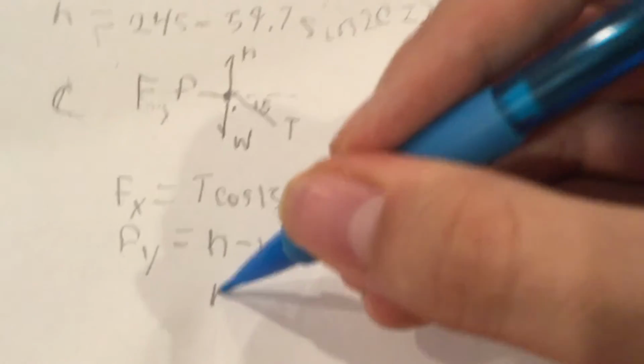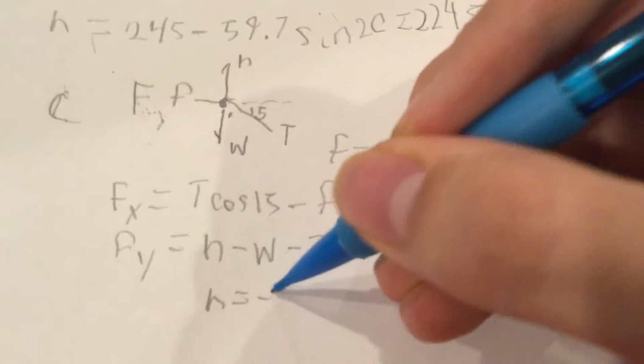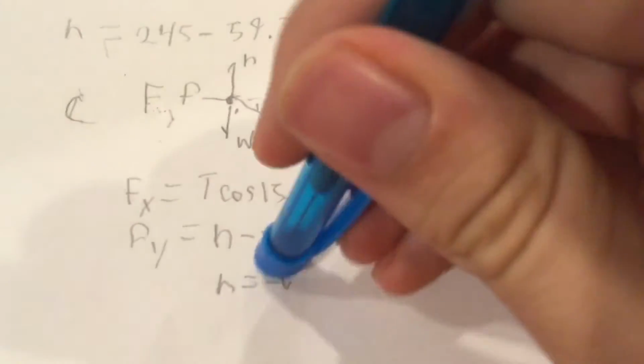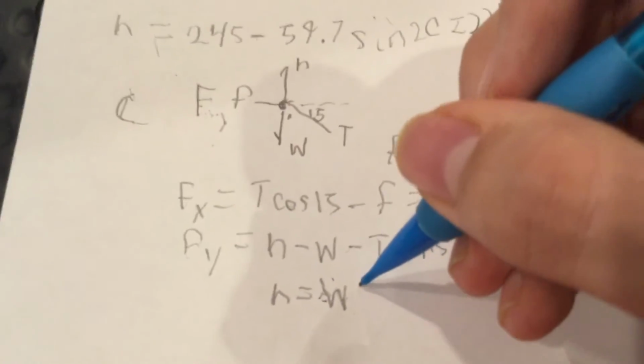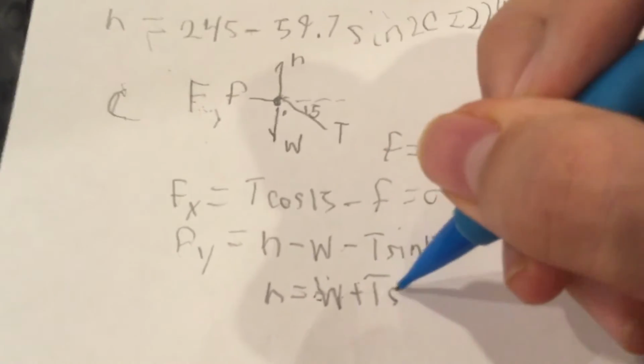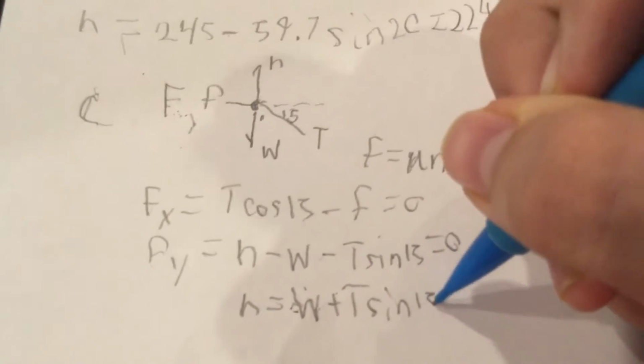So we'll solve for normal. Normal equals W plus T sine 15.